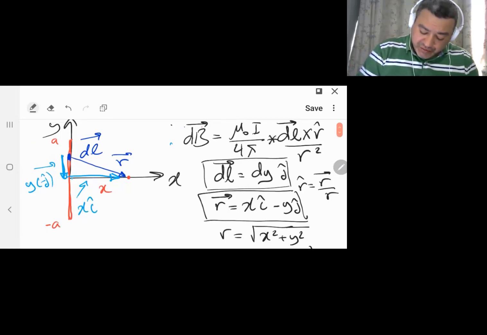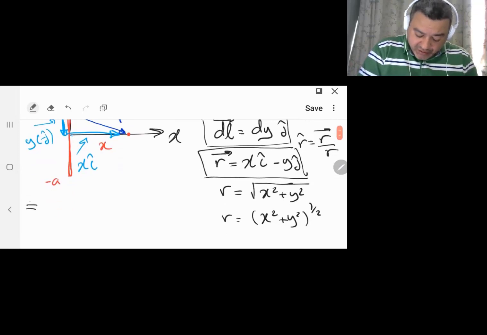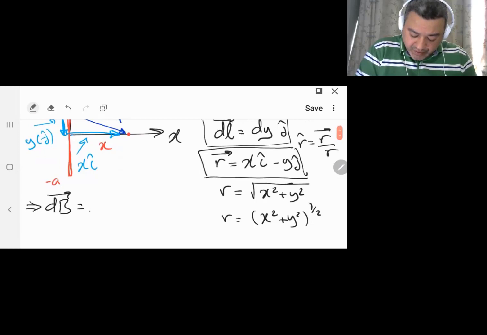I need to substitute in my equation. So dB equals mu naught I over 4 pi.